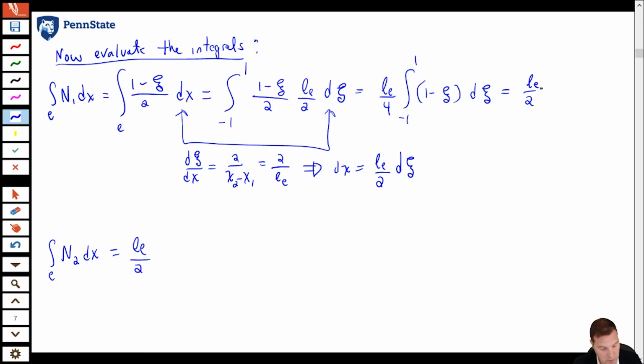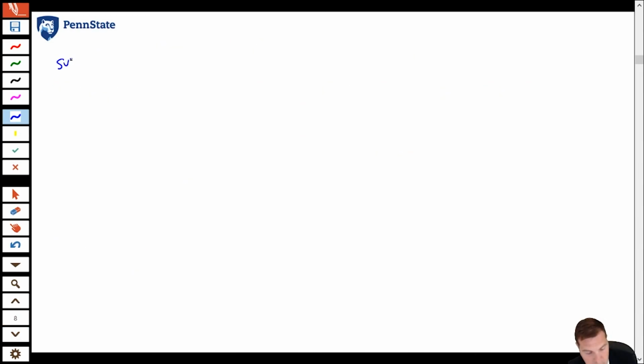So now we can plug these values back into our equation, substituting back in. We have our expression, which would be the integral over e u transpose f a dx is what we started with.